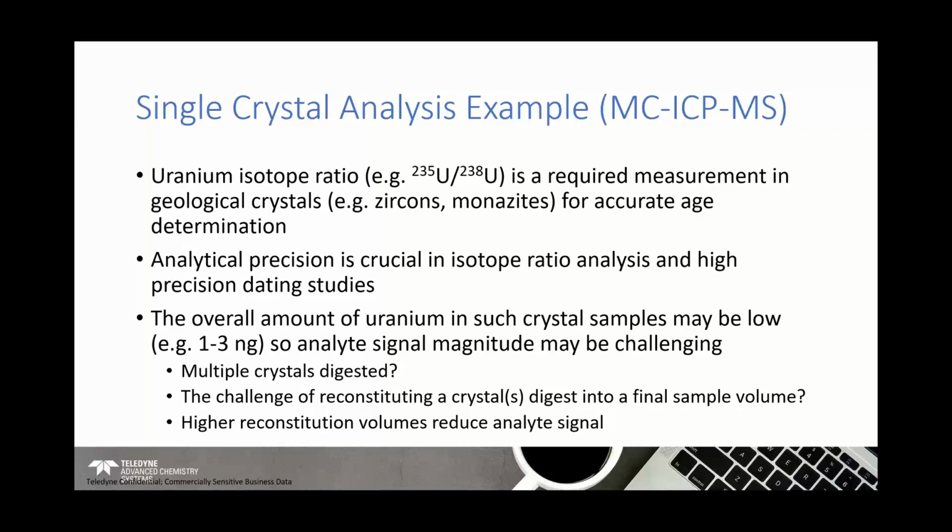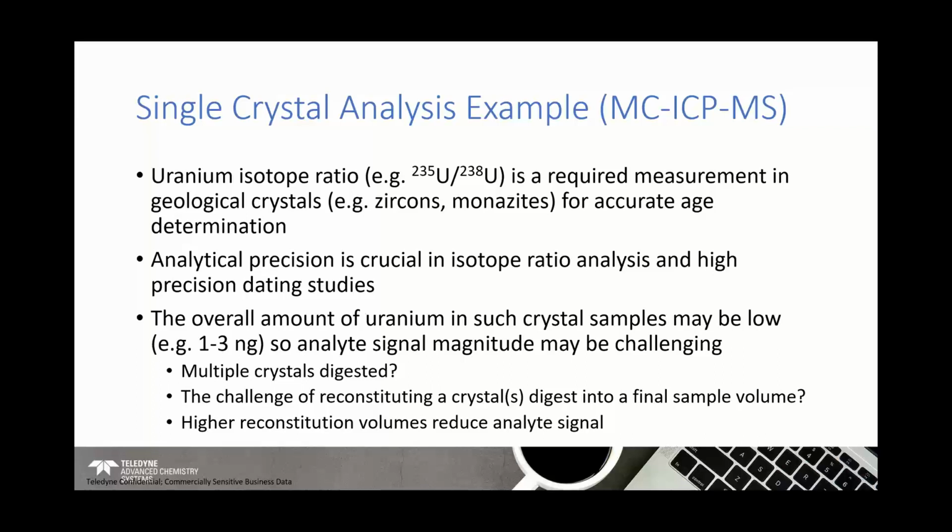In this case, uranium isotope measurement, for example 235 uranium versus 238 uranium. This is a required specific measurement in geological crystals. Zircons are a good example, monazites, etc., for accurate age determination. This is part of aging studies, geochronology, for example.